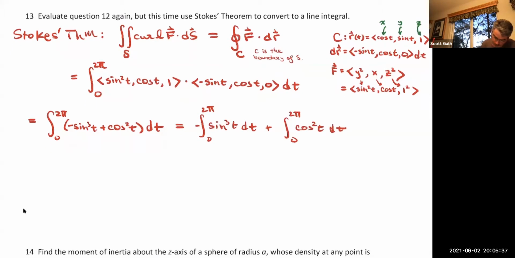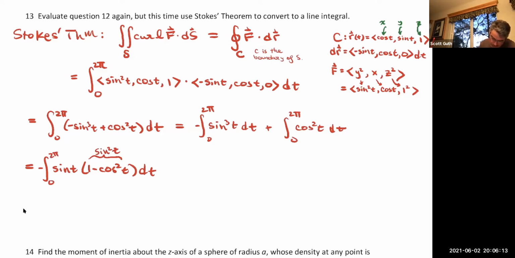With a sine cubed here, we're going to have to write that as sine times 1 minus cosine squared. So the first integral, with a minus sign out front, we're going to write sine t times 1 minus cosine squared t dt. This is standard for powers of sine or cosine. Right here is sine squared t. That makes sine cubed. Okay, 0 to 2 pi.